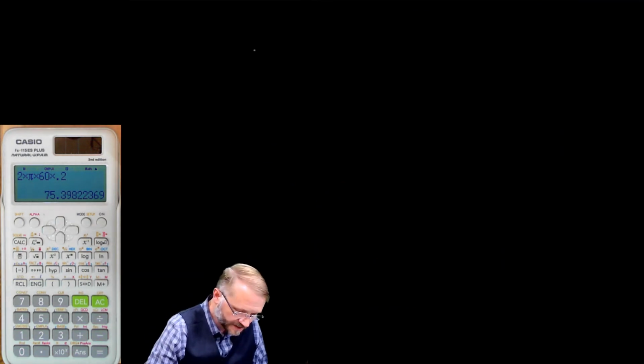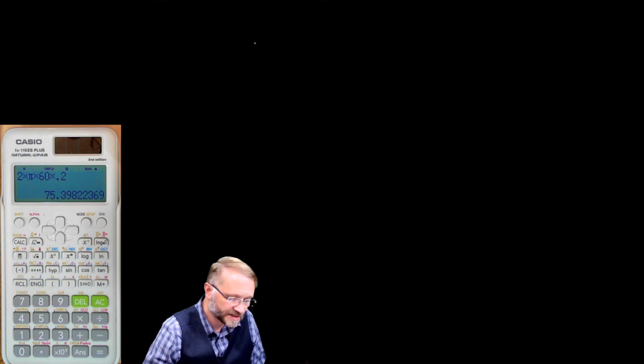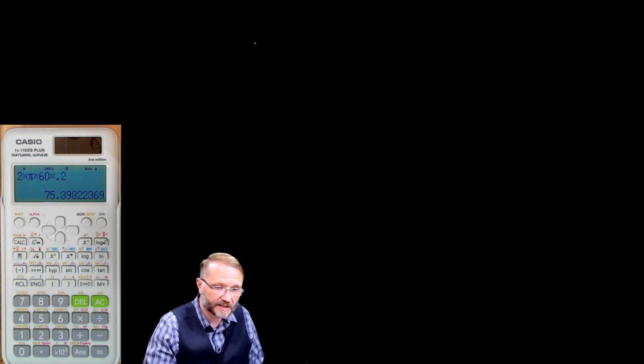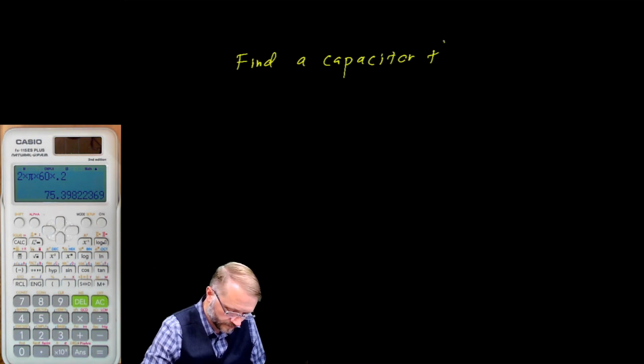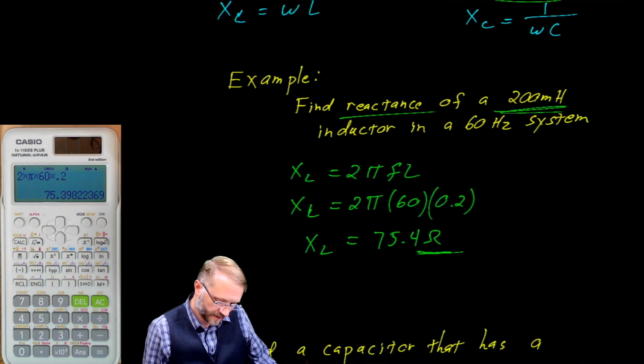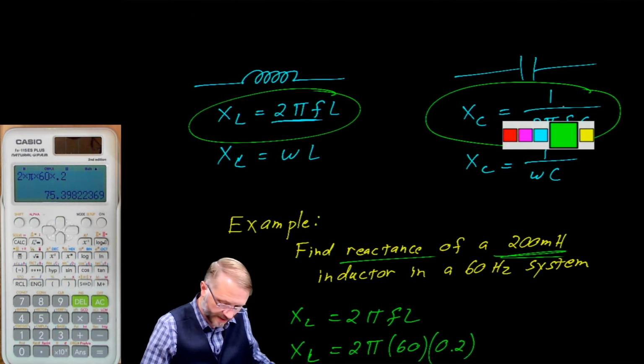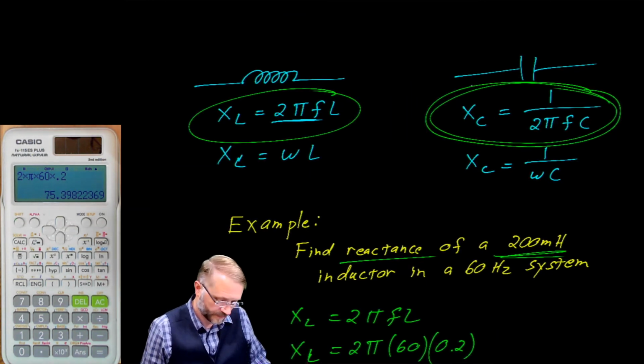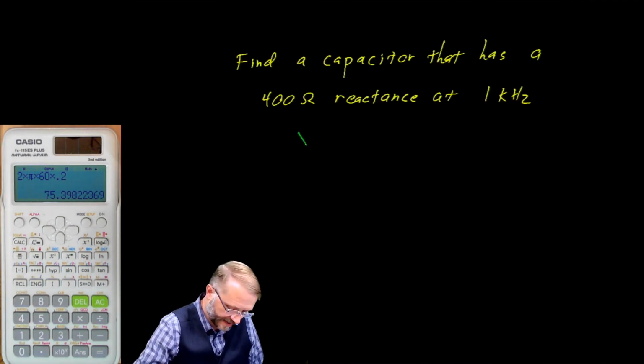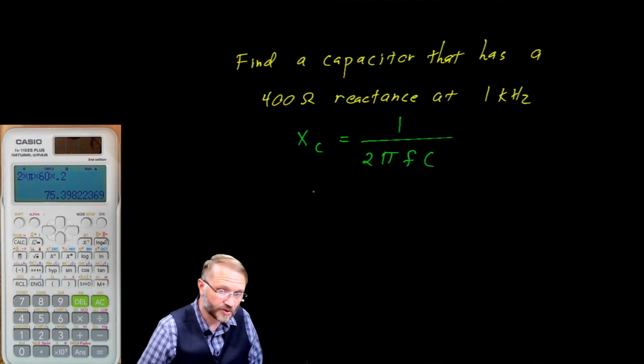Let's work a capacitor example. We want to find a capacitor that has 400 ohm reactance at 1 kilohertz. From our note card, we want this equation. So capacitive reactance is equal to 1 over 2 pi FC. Now we substitute in our values.